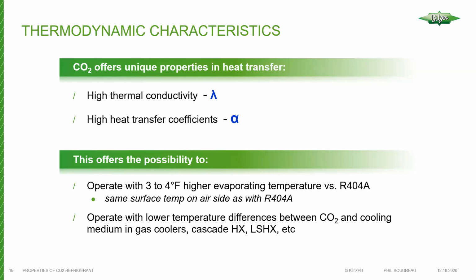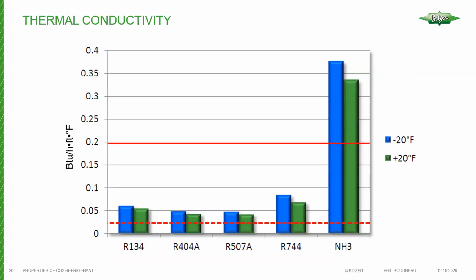We can generally operate at a slightly lower temperature difference between CO2 and the cooling medium in gas coolers, cascade heat exchangers, liquid to suction heat exchangers, anything that's a heat exchanger basically.